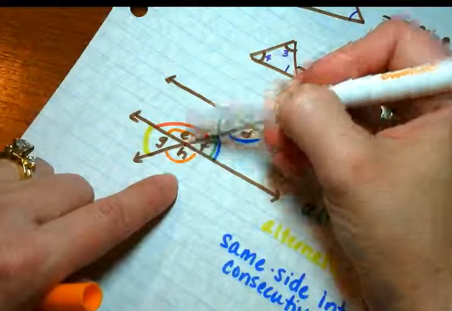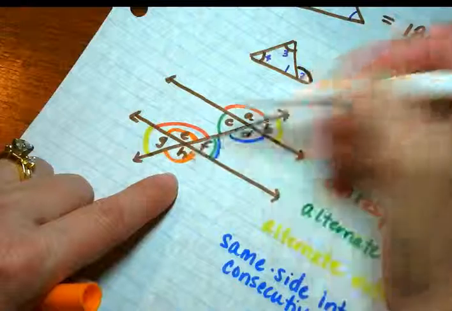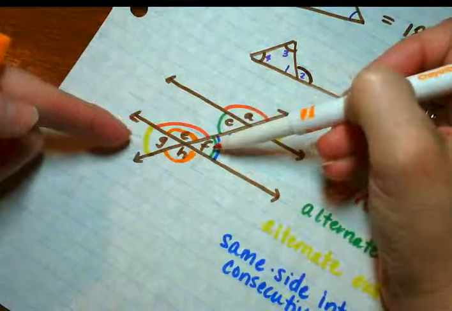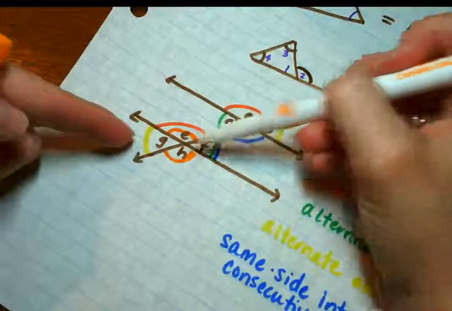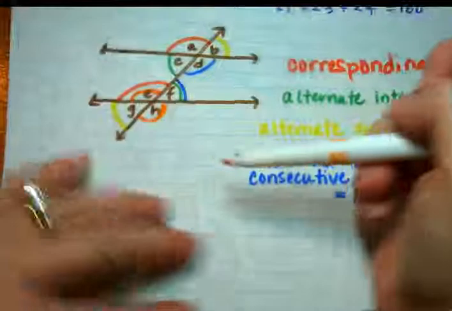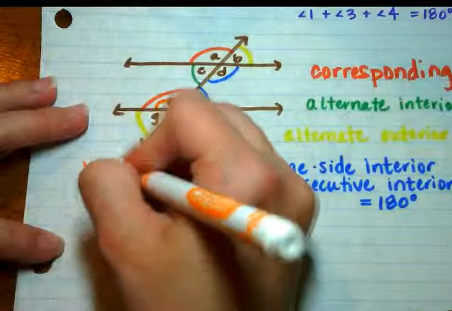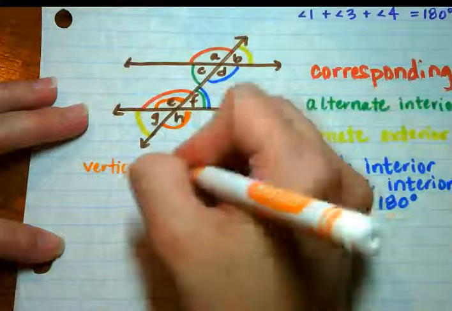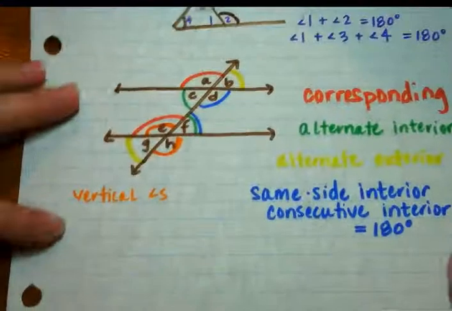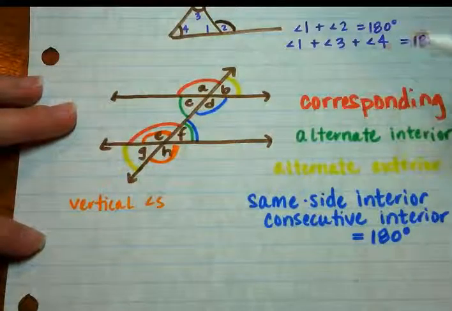They have the same vertex, but one of them is going up, the other one's going down. They could also be G and F. G and F have the same vertex. One's going to the right and one's going to the left. So those angles right there in orange are called vertical angles. And they are special because vertical angles are congruent, which means they have the same degree measurement.